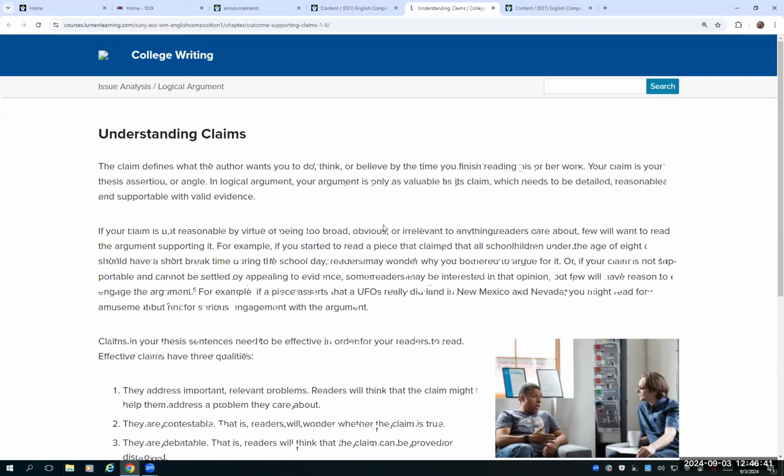All right. So the very first thing we're going to look at here is this article called Understanding Claims. This is not from our textbook. It's just an extra article that I've included for us to take a look at.